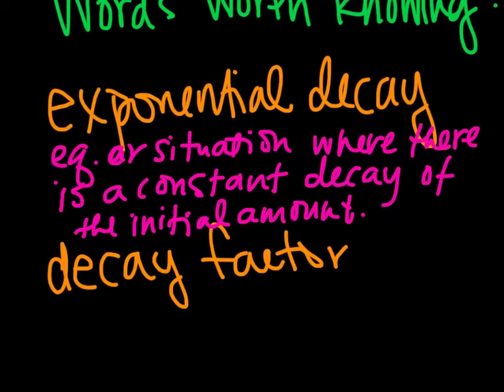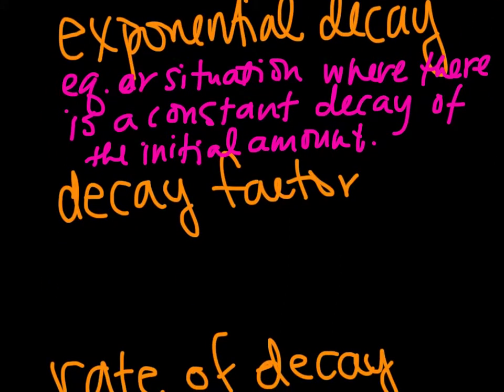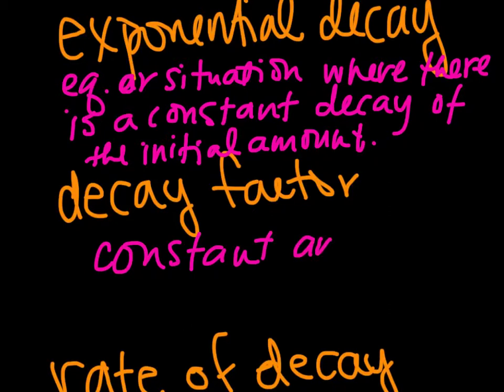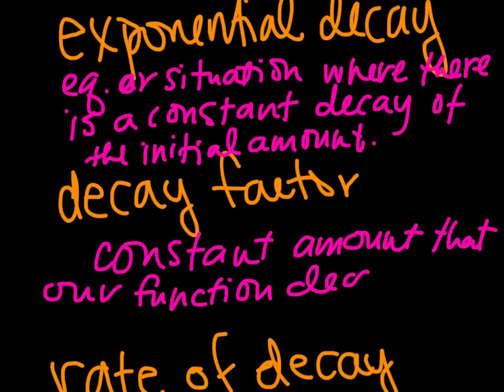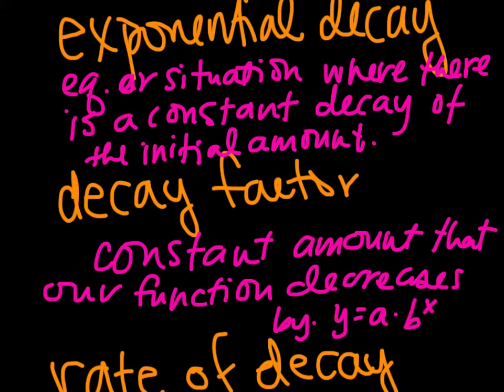Decay factor is very similar to growth factor, except instead this is our constant amount that our function decreases by. If we think about our exponential growth or decay equation, the decay factor is this b.